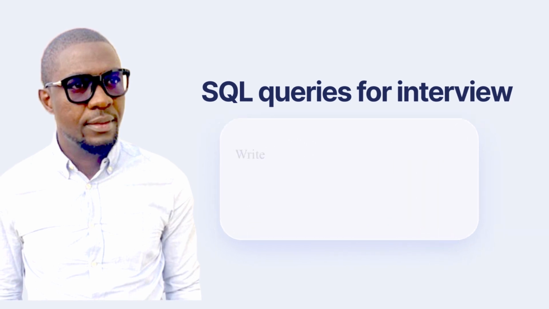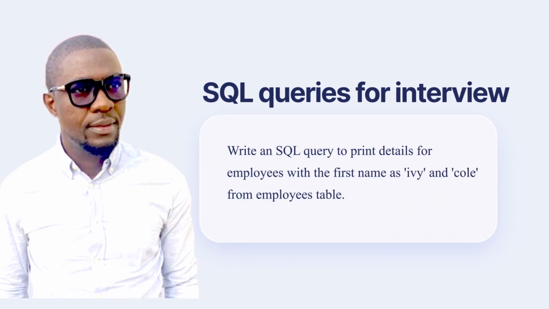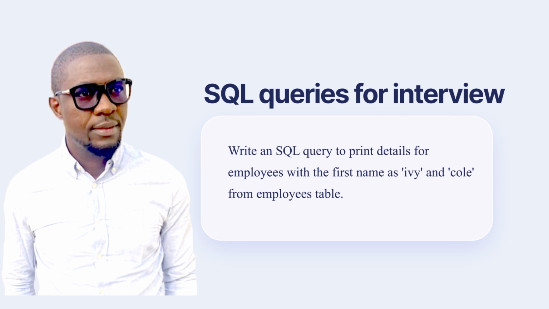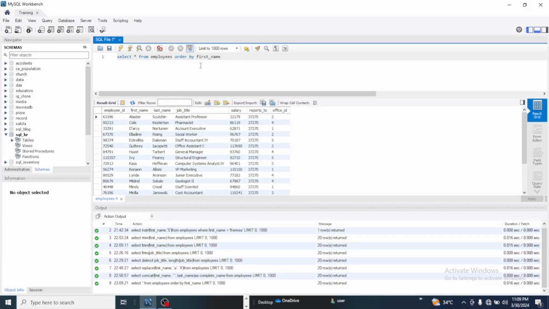Write an SQL query to print details for employees with the first name Ivy and Cole from the employee table. At this point in time, we are going to use our IN operator. So that's what we are going to use, our IN operator. So let's do that.